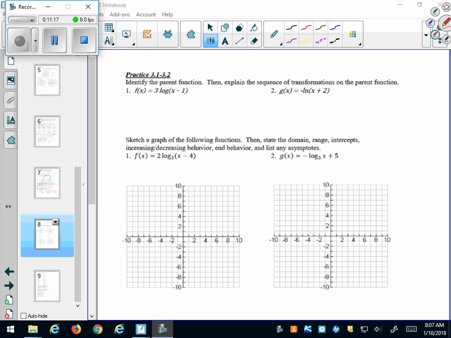What would be the parent function here? The parent function is just y equals log of x, meaning base 10, because there's no base there, it's an invisible 10. All right, what's going to happen to that?